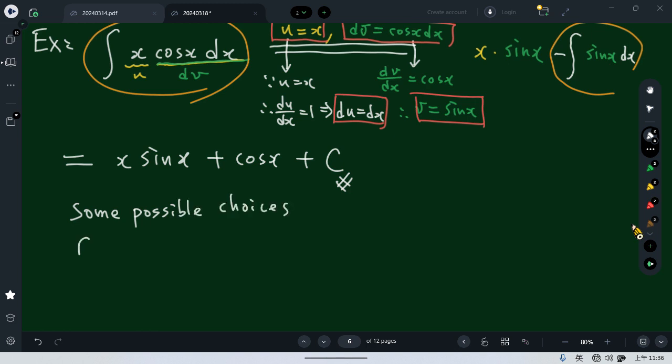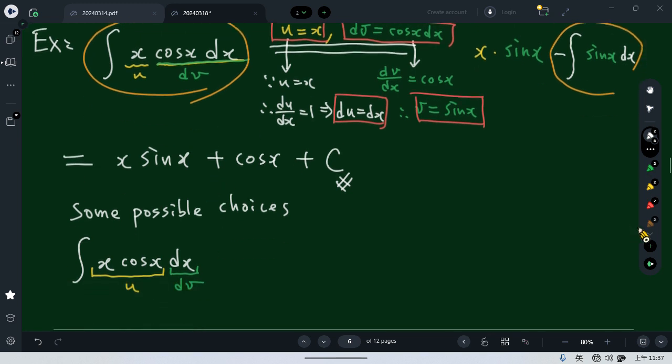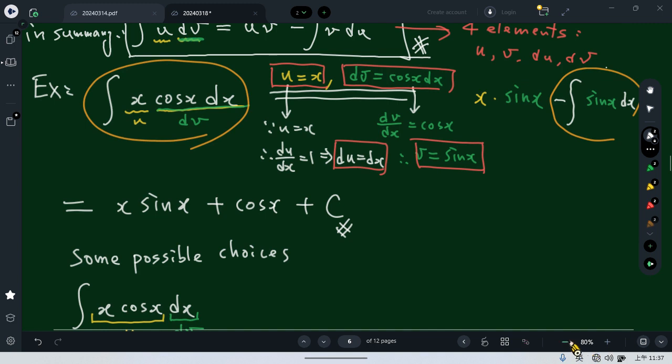So again, I just repeat the question here again, right? You may say, okay, can I just assign this part as u? Then I assign here is dv. Can I try to do that? Yes, we can try to do that, right? So if so, just follow the similar rule.